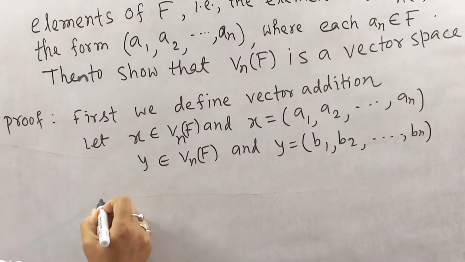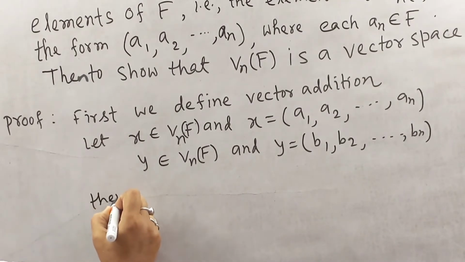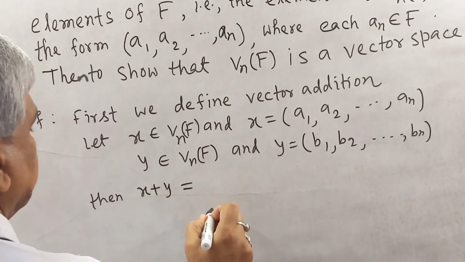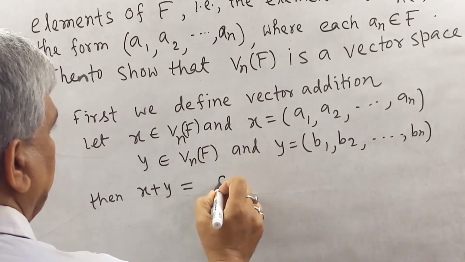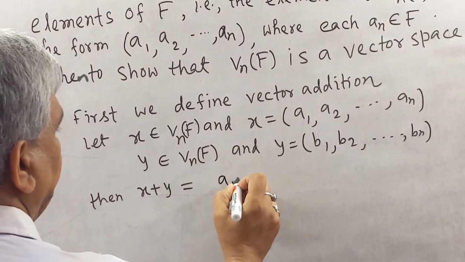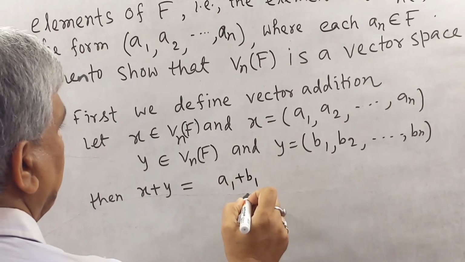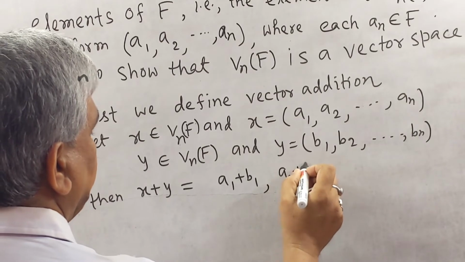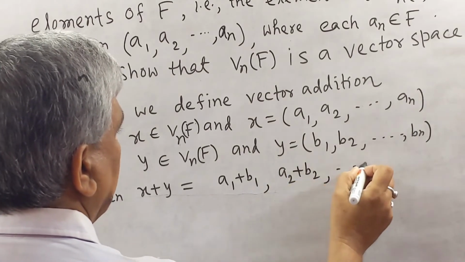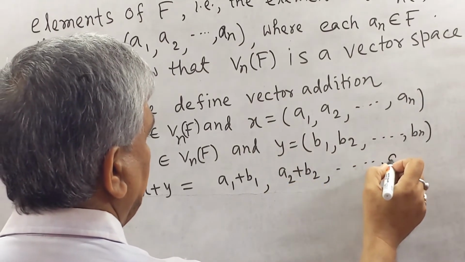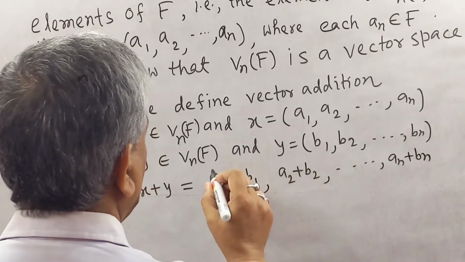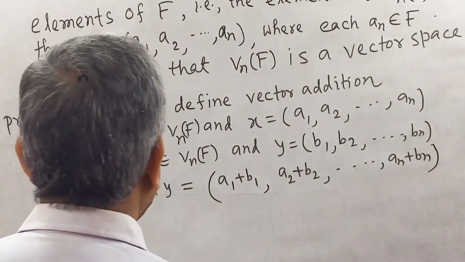Then x plus y equal to (a1 plus b1, a2 plus b2, ..., an plus bn), an ordered n-tuple.